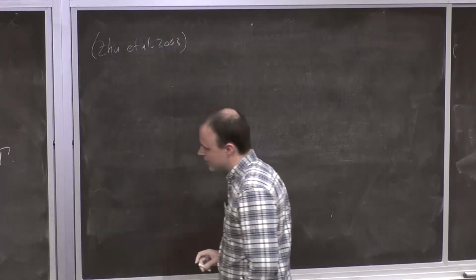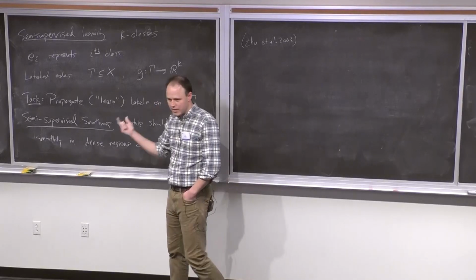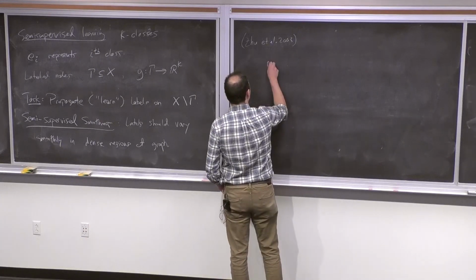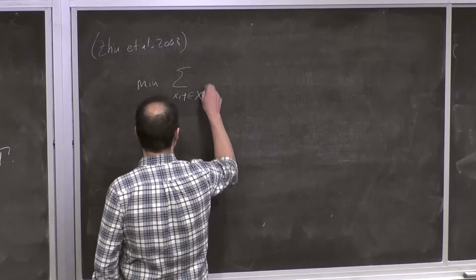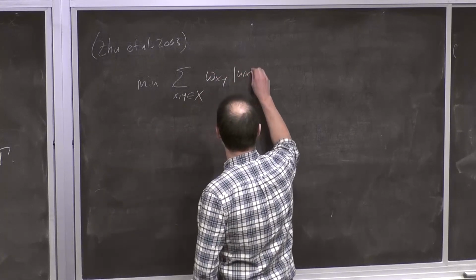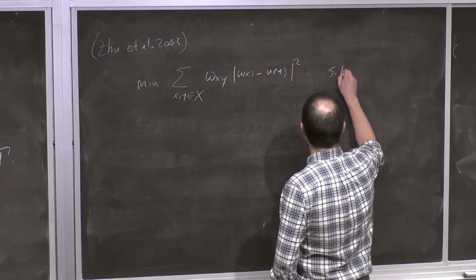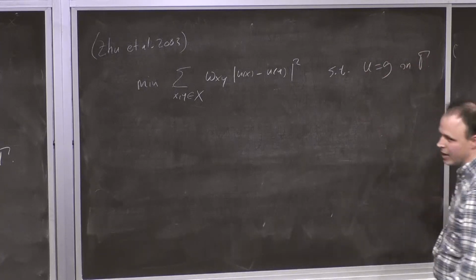Where they said, essentially, let's propagate labels by, you can think of it as harmonic extension or minimizing the Dirichlet energy on the graph. Okay, so you solve the problem, minimize the sum over x and y of the weight from x to y, times ux minus uy squared, subject to u equal to g on the set gamma.